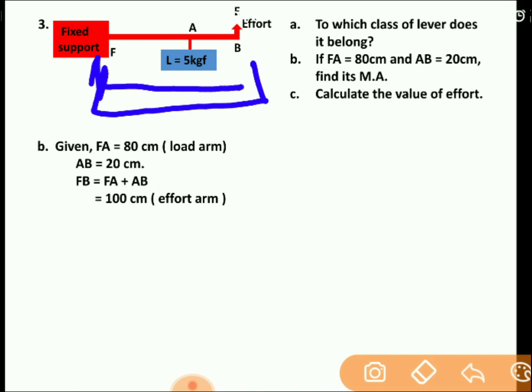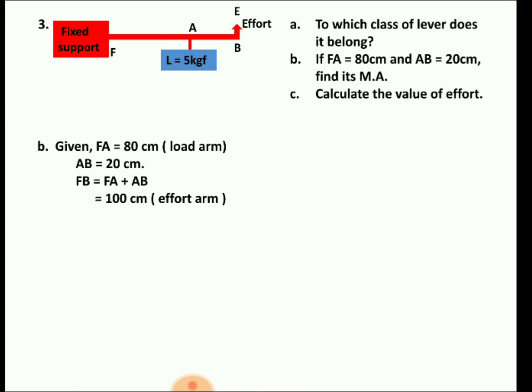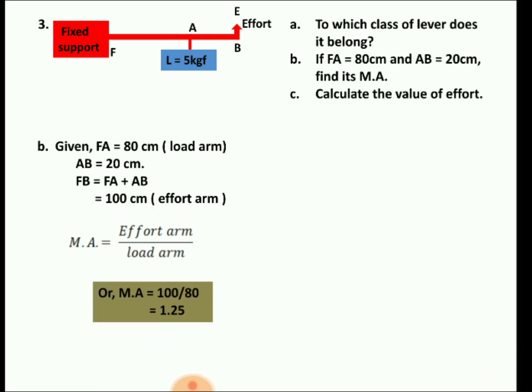So mechanical advantage as usual is effort arm by load arm. Effort arm is 100, load arm is 80, so 100 by 80, 1.25. So our mechanical advantage is 1.25. We got the answer for B also.